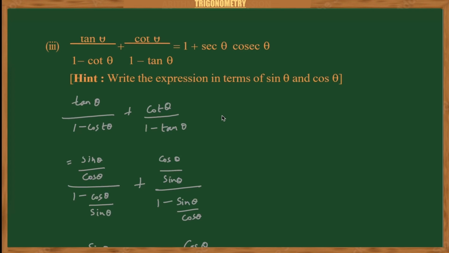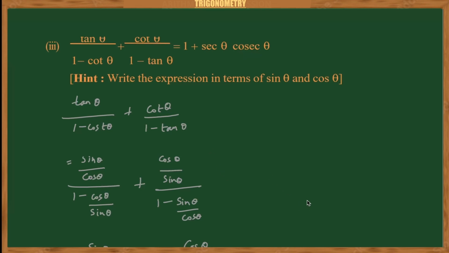As we said, try to put in the formula. If you can straight away put the formula, try to resolve that. If not, then try to get it in the sine and cos theta format, and keep solving further using the expressions we received, and try to meet up till the right hand side given.